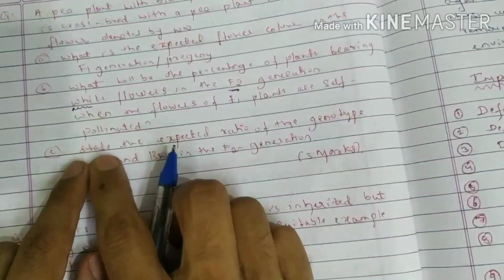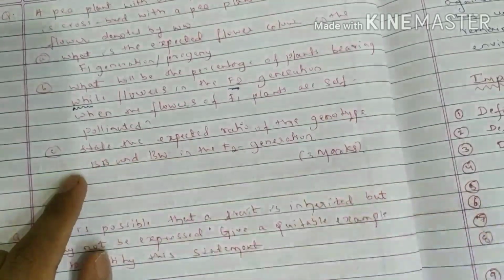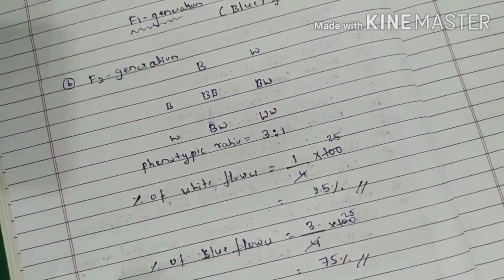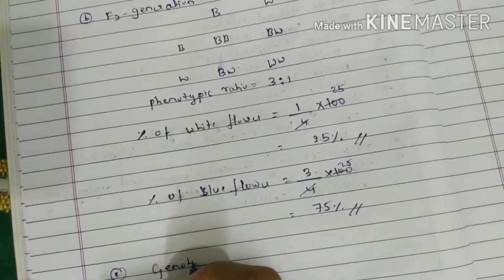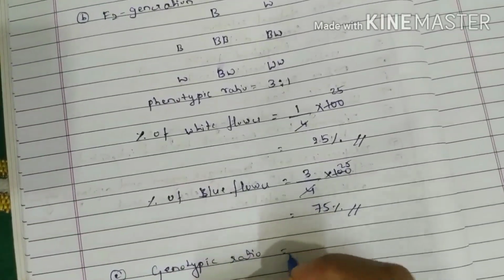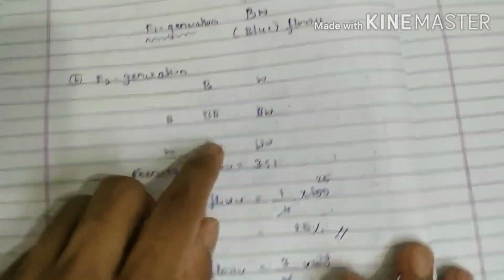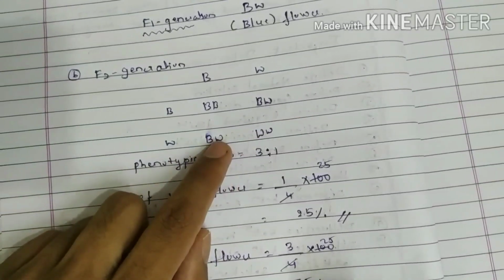The third one: state the expected ratio of the genotypes BB and Bw in the F2 generation. So that is the genotypic ratio. C1 is the genotypic ratio. So the genotypic ratio is: 1 pure blue, 2 mixed, then 1 pure white.